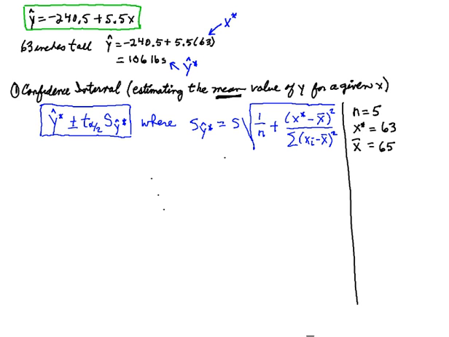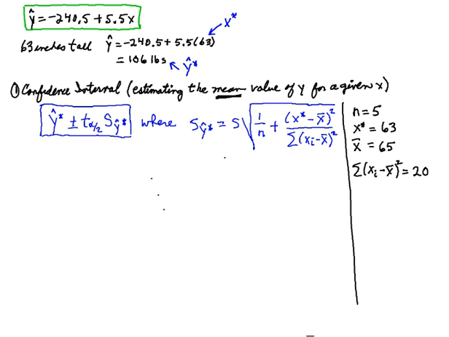Our summation here in the formula, taking each of the individual x values from our data points, subtracting the mean from each one, squaring them all, and then adding them together. We've calculated that before when we were creating our estimated regression equation, and that turned out to be 20.